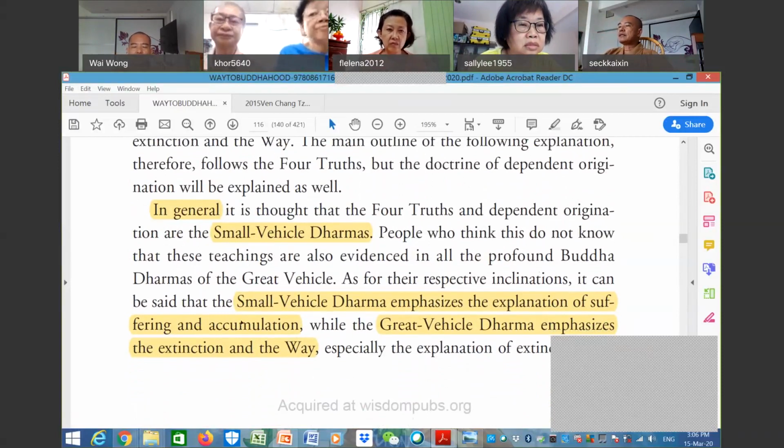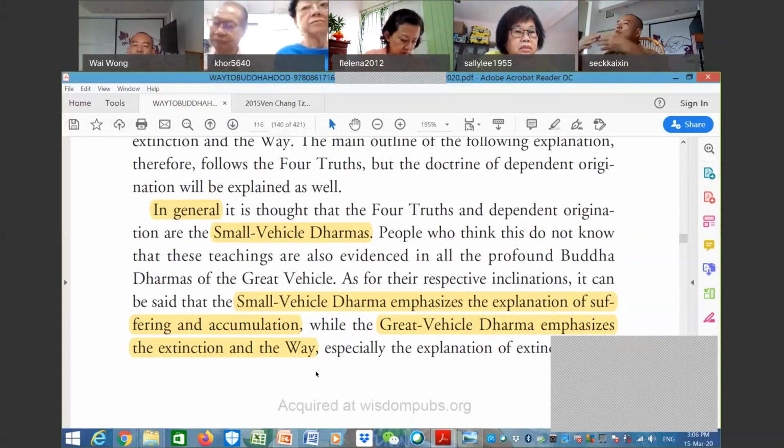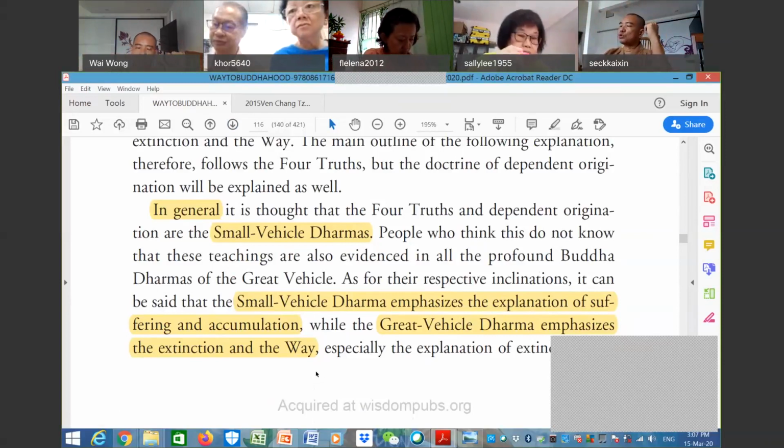Yes, it can be said that small vehicle dharma emphasizes the explanation of suffering and its accumulation, and the great vehicle dharma emphasizes the extinction and the way. This is one perspective, meaning the small vehicle and the great vehicle have different emphasis.